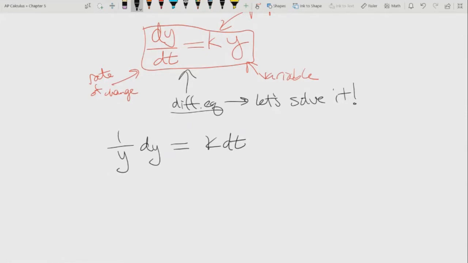Now let's integrate both sides. This is the easy part, because on the left side, that is natural log of y. I'll just drop the absolute values for now because we're not going to use them later anyhow. And on the right side, remember, k is a constant. So we could have thought about this guy as being right here.